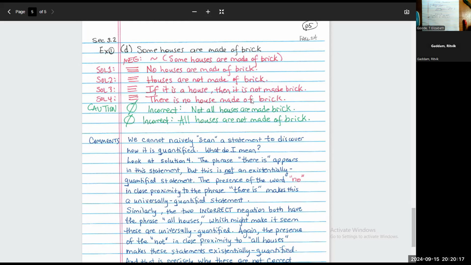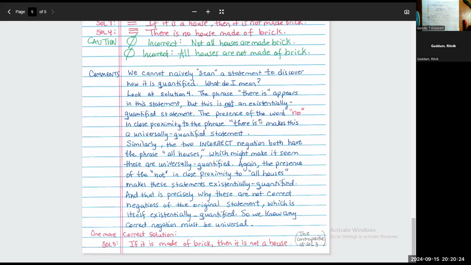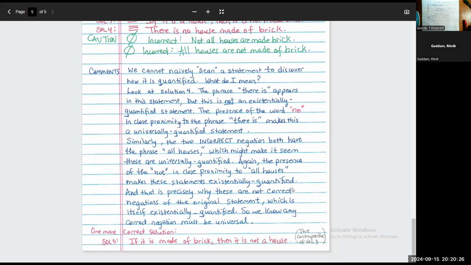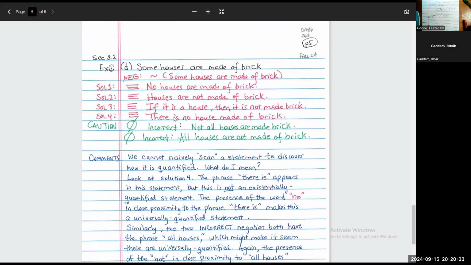So here are lots of different solutions where it is more of the ordinary English. And if you read the comments that I wrote here in blue, it discusses how sometimes a statement might look like it's universal just because it has the word all in it, like here, all houses are not made of brick. If you just naively look at that statement, you might think that that's talking about a universal property, but it's not.